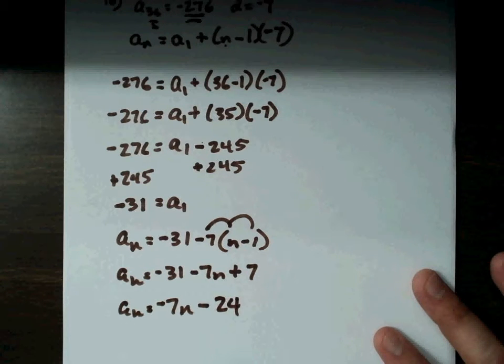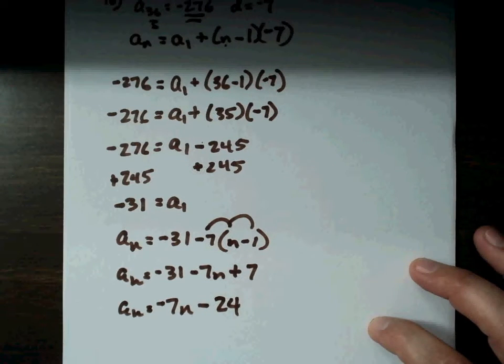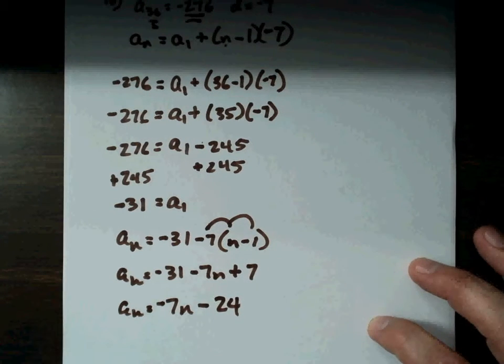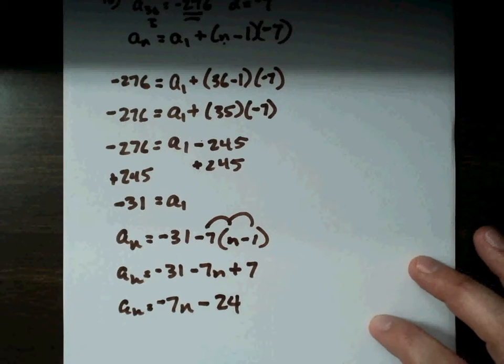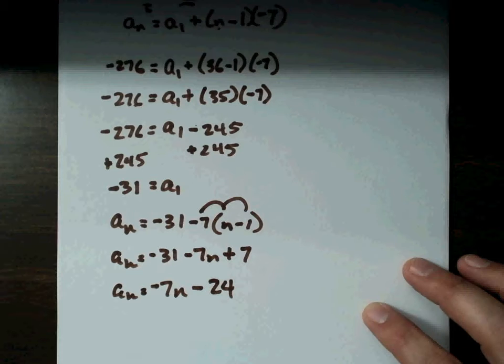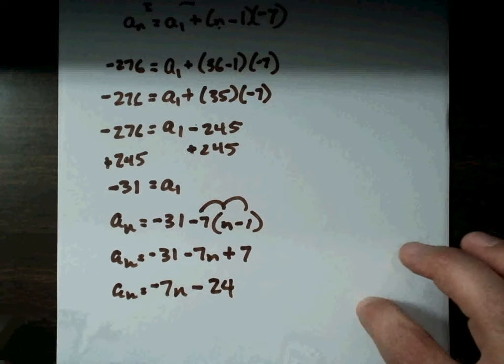Sure. -31 plus 7, isn't that -24? Check my little arithmetic. -31 plus 7? Yeah. All right. I use my fingers. All right, use your fingers. All right, so I hope you didn't take fingers away. No, I added.